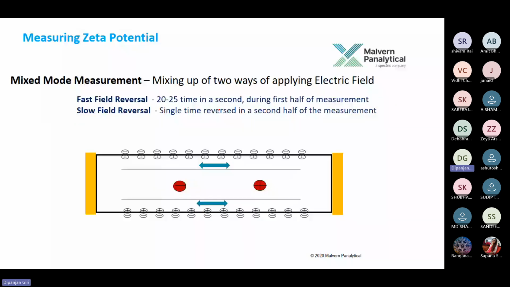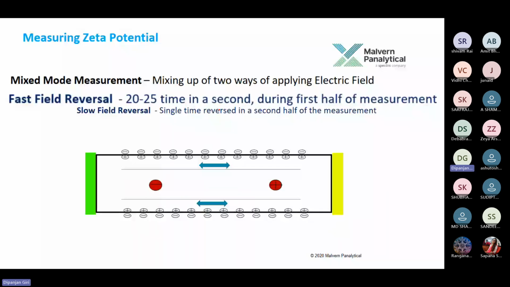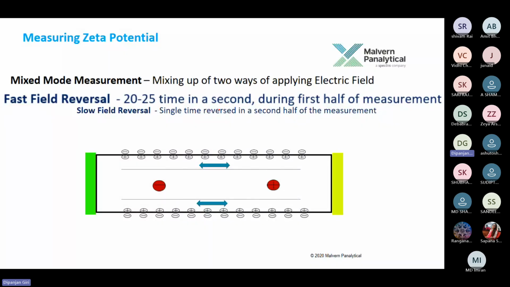I told you this is the mixed mode measurement. It is mixing up of two ways of applying the electric field. One is FFR, that is fast field reversal. In the first half of the measurement, we perform the fast field reversal. That means we switch the polarity of the two electrodes very rapidly, 22 to 25 times in a second.